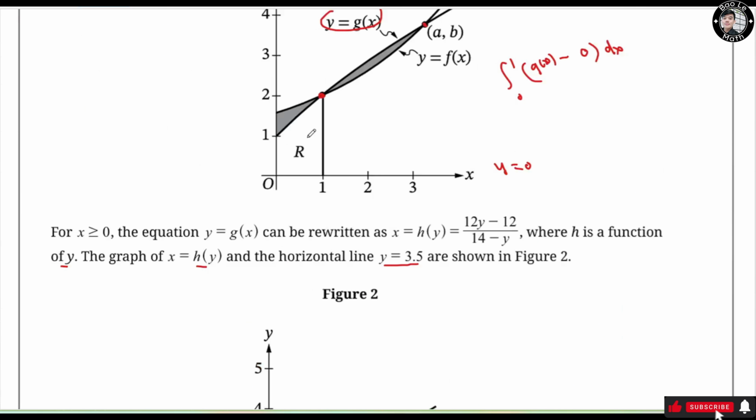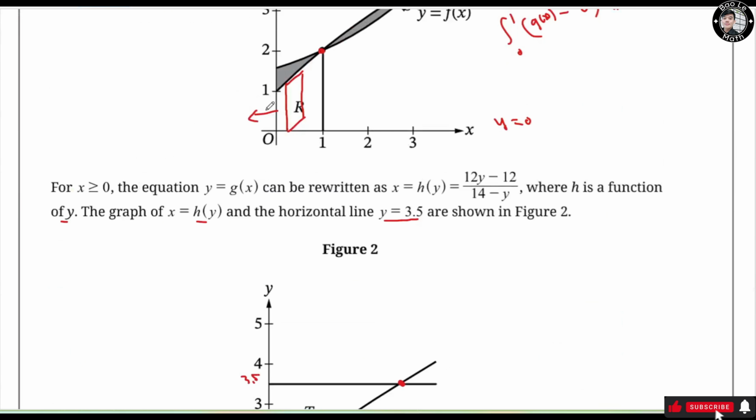So basically we need to calculate the volume of the solid using the cross section. The region R is right here, then the cross section is a rectangle, so it could be something like this. The base is the difference between g of x and the x-axis, which is y equals 0. And the height is 1/3 times the length, g of x.